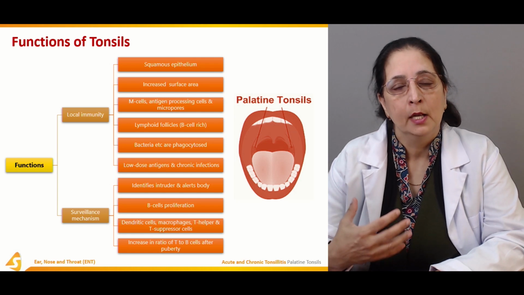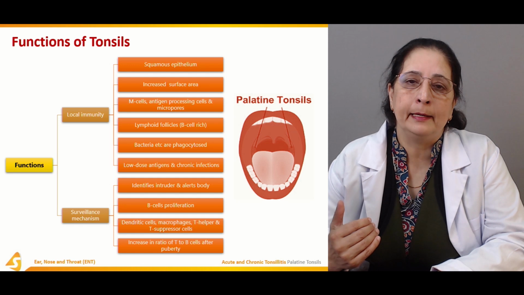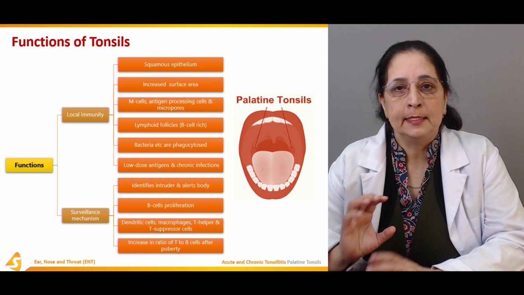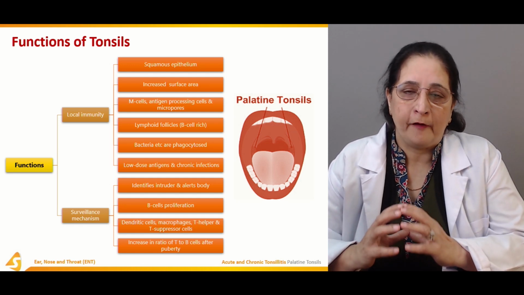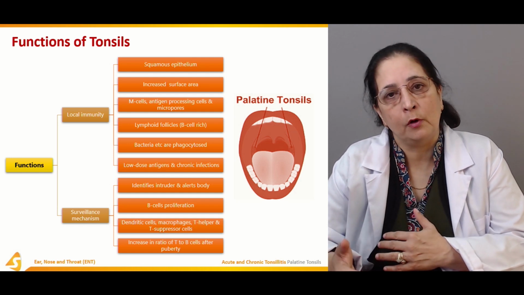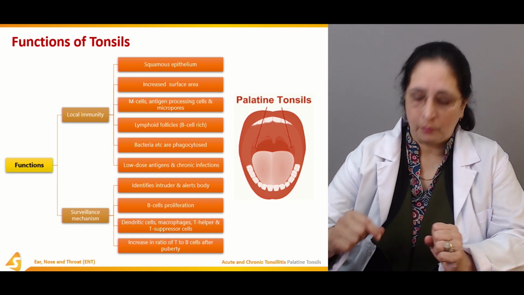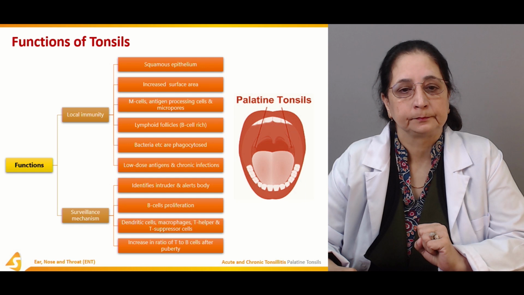So that's how these tonsils perform their function. They are lymphoid organs present on the lateral side of the oropharynx, and they perform the function of protection against foreign objects.